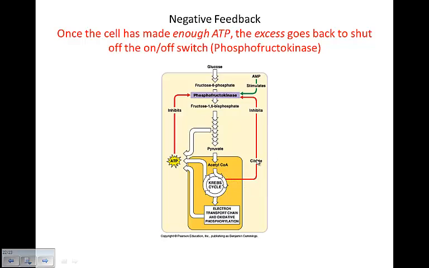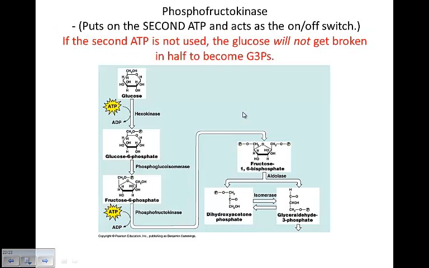Or if there's enough citrate coming out of the Krebs cycle, that's one of the intermediate molecules that are made. If there's enough citrate, then that's also going to inhibit the phosphofructokinase. And what stimulates it is adenosine monophosphate. If there's adenosine monophosphate, it's going to go ahead and start that process because it's used up the other phosphate groups. So here we would have adenosine monophosphate.